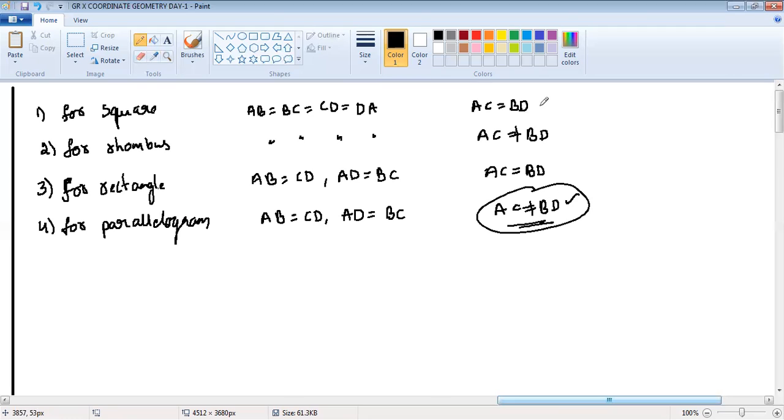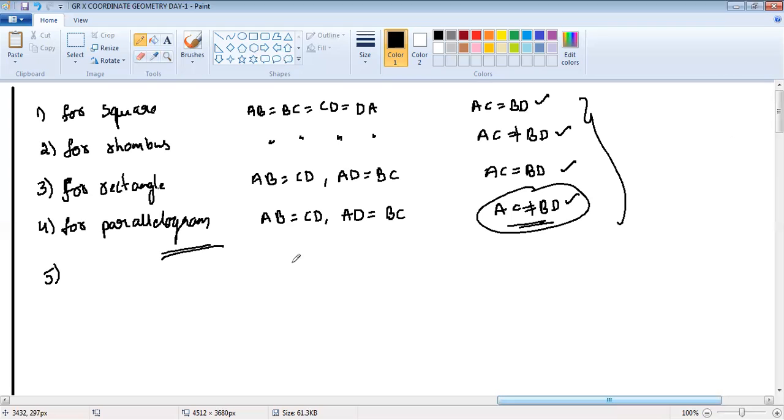So if they satisfy any one of these four conditions, then respectively we could say that they form a square, rhombus, rectangle, or parallelogram. And if they do not satisfy any one of these conditions, what we have left are the kite and trapezium. For a kite, adjacent sides are equal.